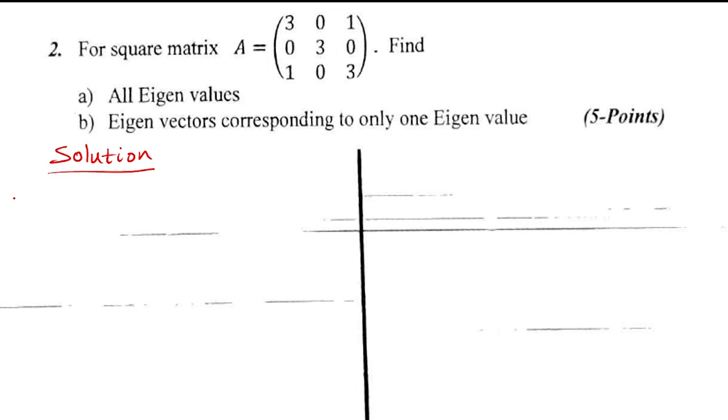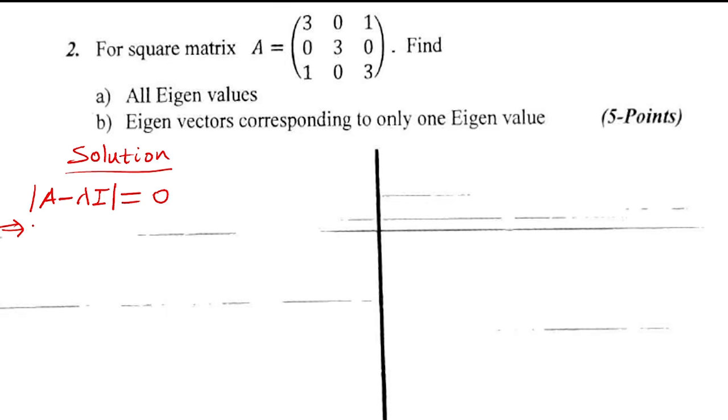Solution. Let's consider the determinant of A minus lambda I is equal to 0 for the square matrix. To find all eigenvectors, always start by considering the characteristic polynomial. Now from this, lambda I is a 3 by 3 matrix, so I3, the three-dimensional identity matrix.